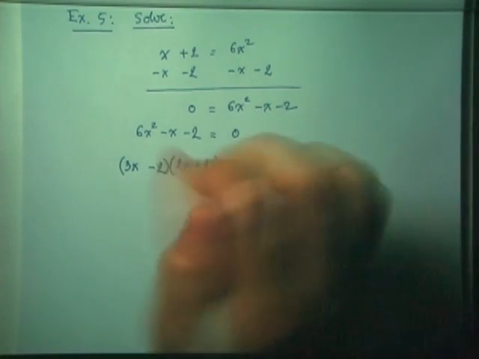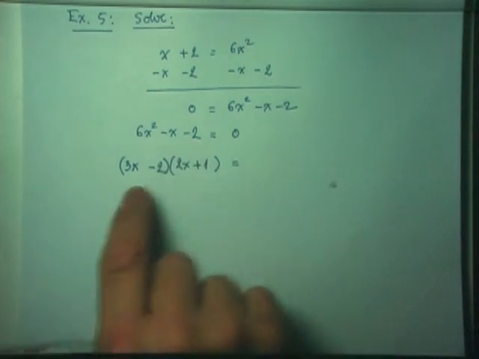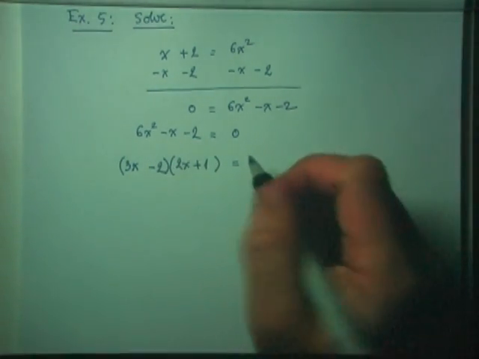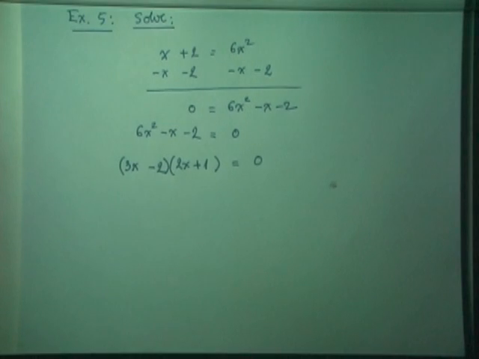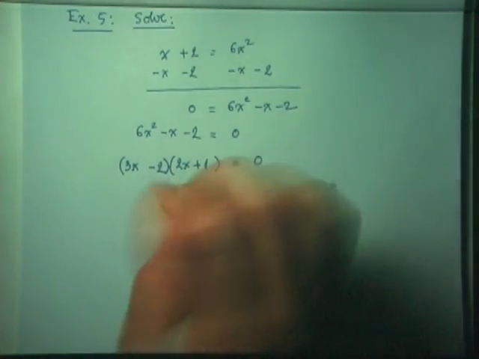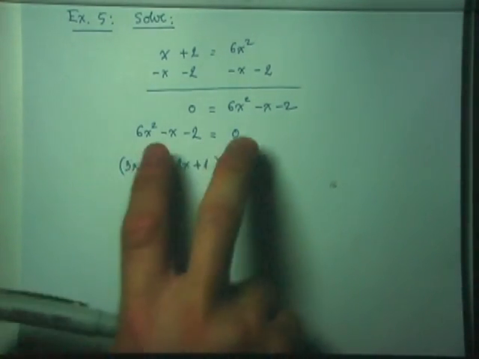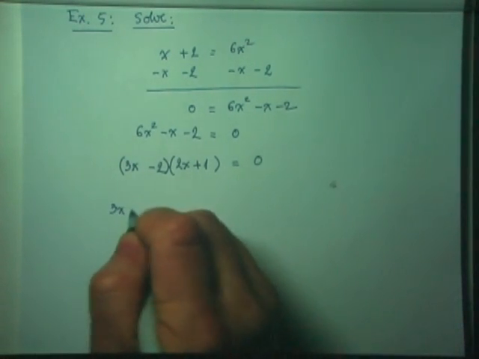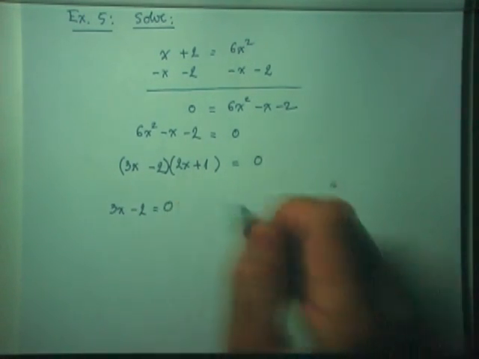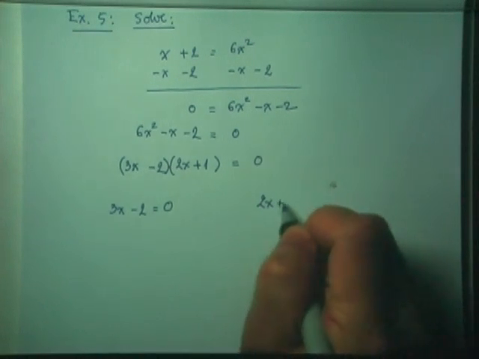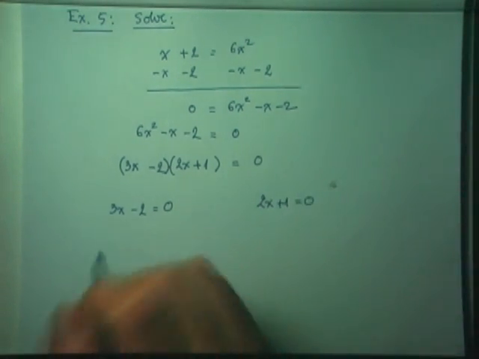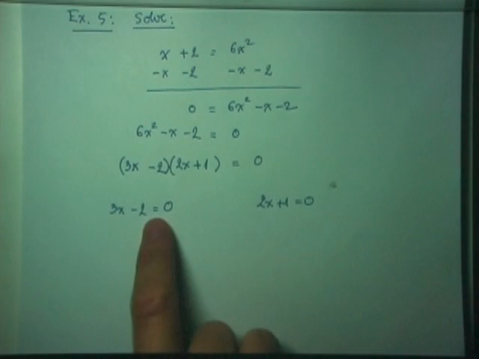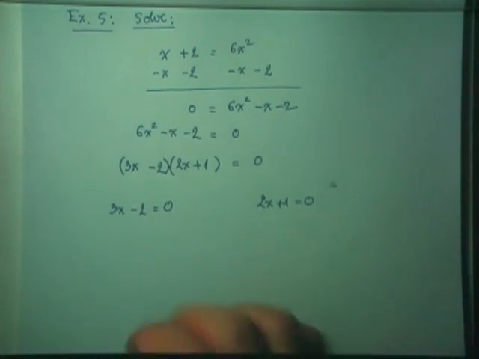That is how I factor 6x squared minus x minus 2 into these two factors, and then setting it equal to 0. So at this point, once I can turn my quadratic equation into two separate factors, I can simply take each factor and set it equal to 0: 3x minus 2 equals 0 and 2x plus 1 equals 0.